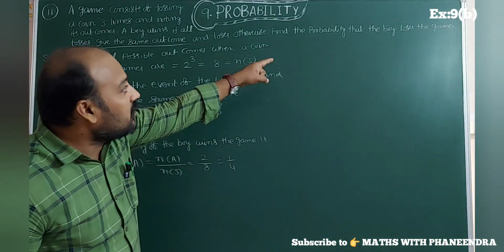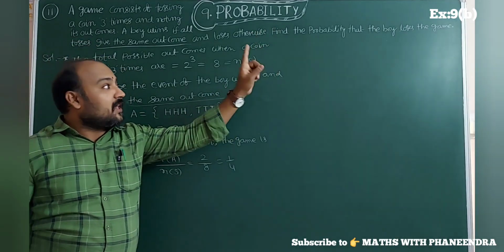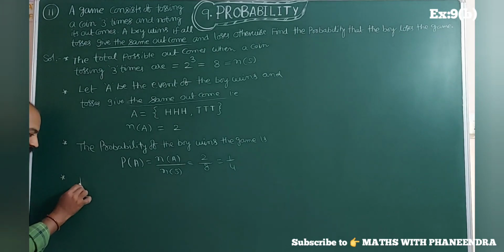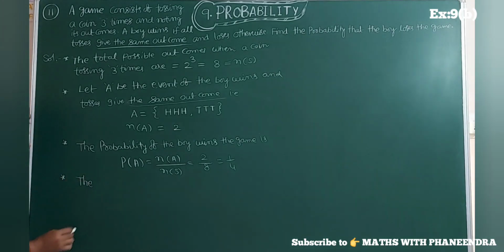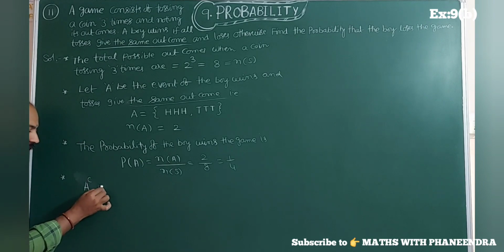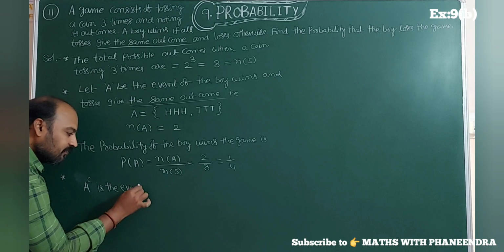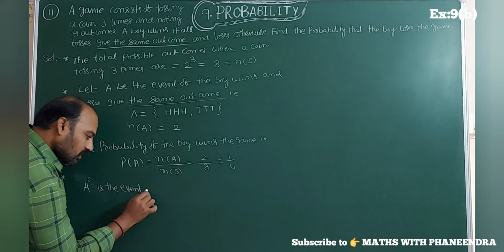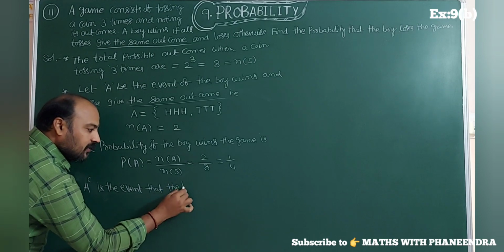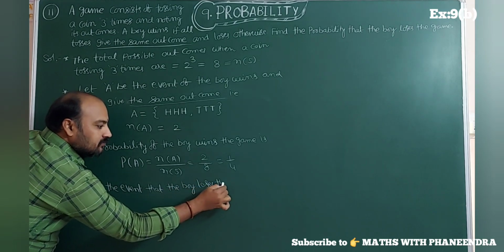But they are asking what? Find the probability that the boy lost the game. So A complement. A complement is the event that the boy loses the game.